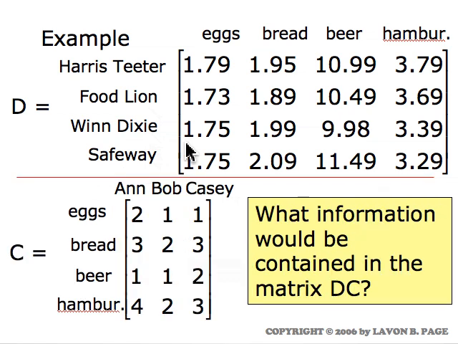Now you can take this a bit further. Let's extend the shopping list to 3 shopping lists. Suppose the matrix C shows the shopping list of Ann, and also Bob, who's going to buy 1 dozen eggs, 2 loaves of bread, 1 case of beer, 2 pounds of hamburger, and also the shopping list of Casey.